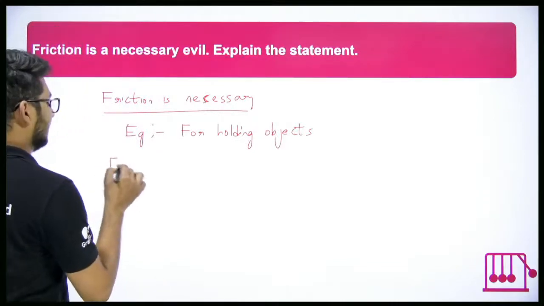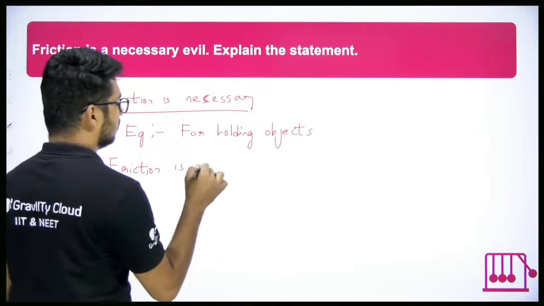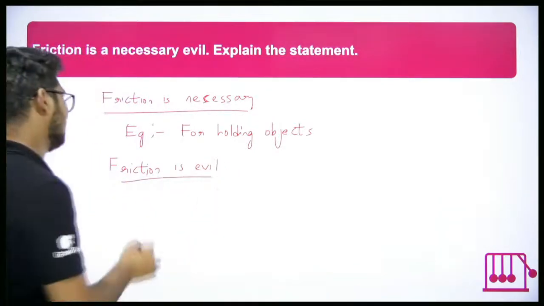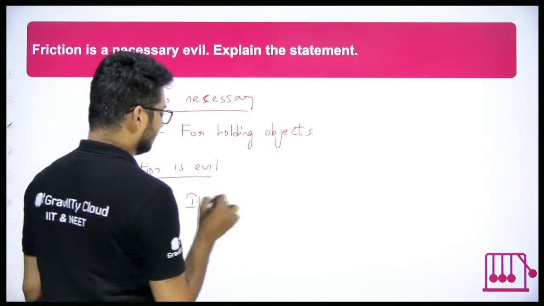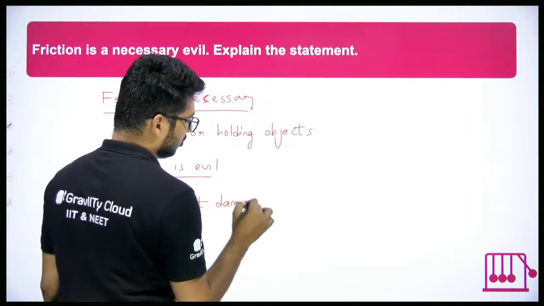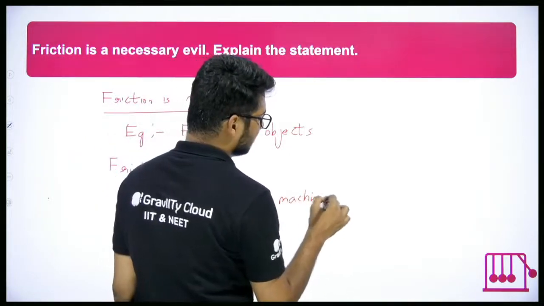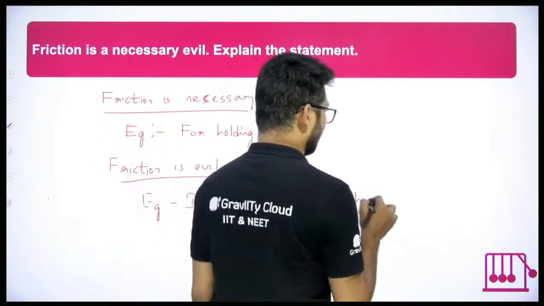Then friction is evil. Another example. Where is friction evil? It causes damage to machines. It damages the machines or shoes, or you can say any example. It damages machines through wear and tear.